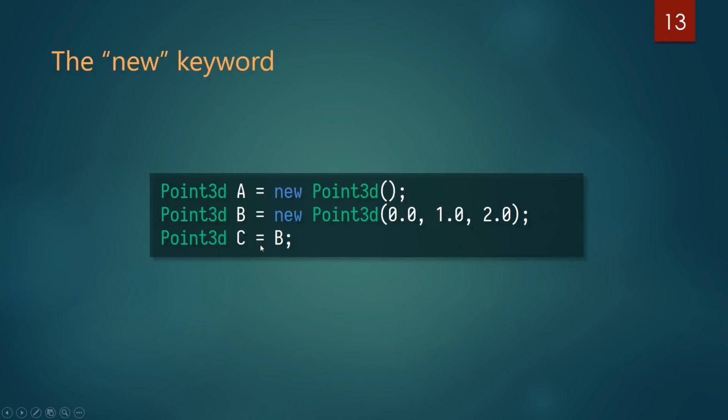The equal sign here acts as a copy operator, where the contents of point B will be copied into a separate, independent copy, which will be stored in C.